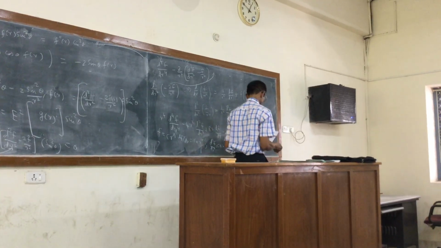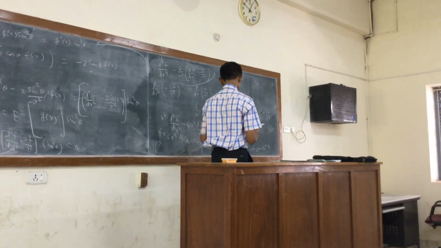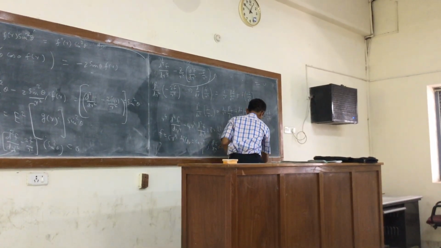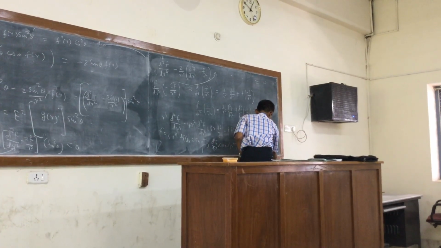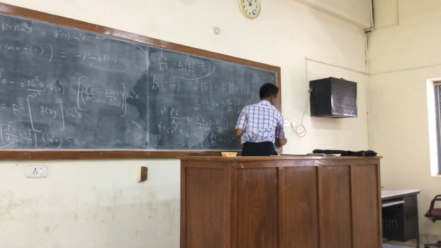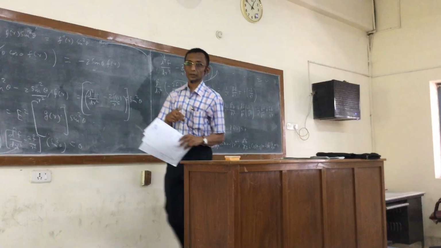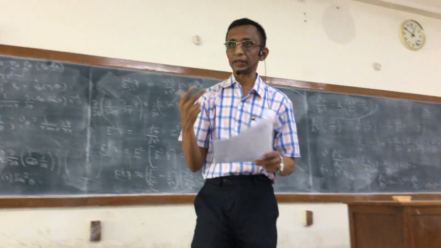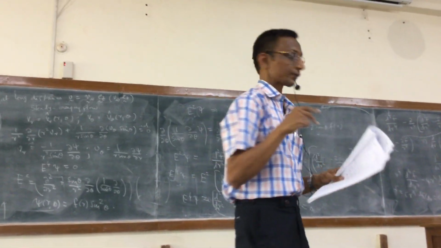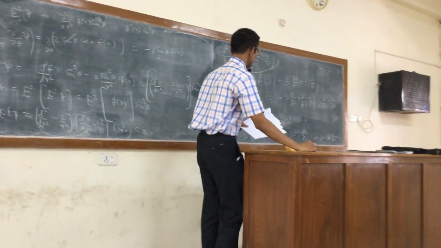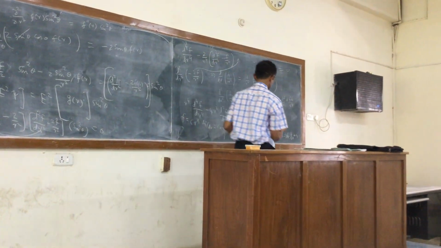So that if we did it twice, n minus 3 also would come in. I'm just skipping one step because I don't need d cubed f by dr cubed, but we have to do that before we get to d power 4. So I'm just skipping that step. You will make mistakes if you are not careful.